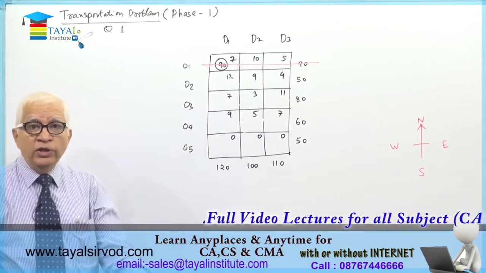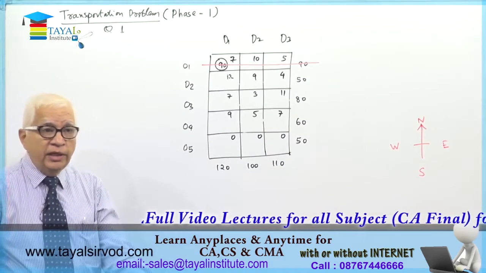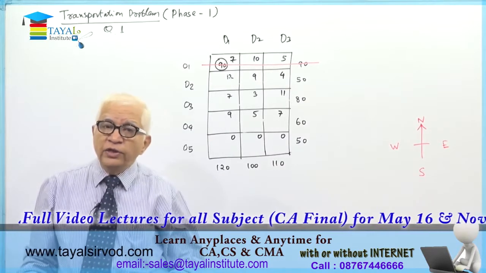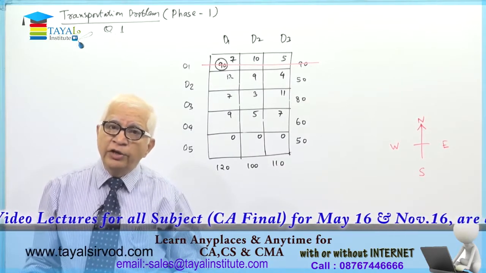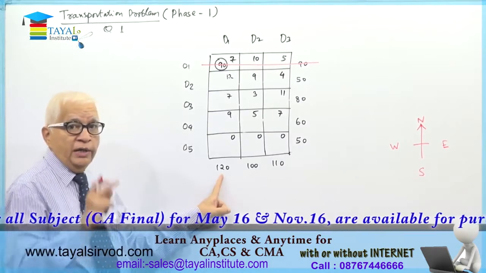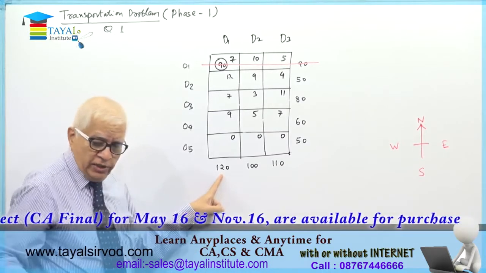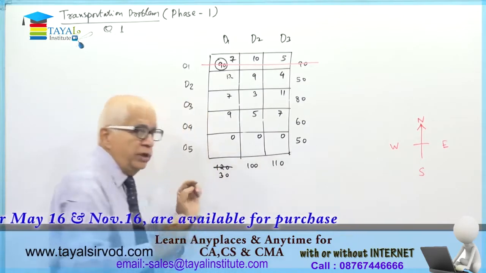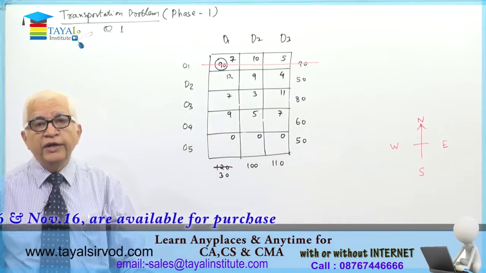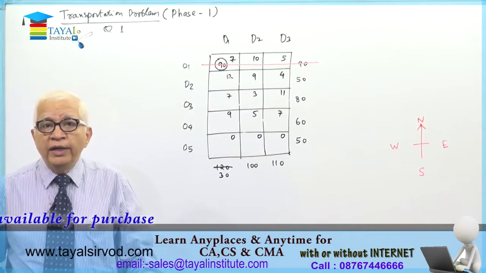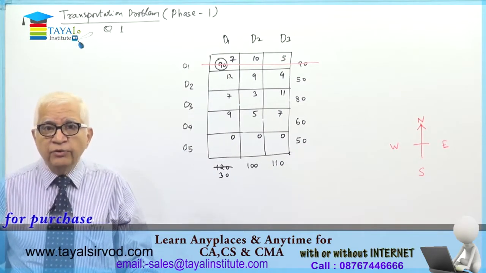But what has happened to destination D1 demand? Destination D1 had a demand of 120, of which 90 units have been supplied already from O1. So there is still a balance demand of 120 minus 90, or actually 30. 30 units are still needed at destination D1, because out of a demand of 120, 90 has already been satisfied from O1 itself.